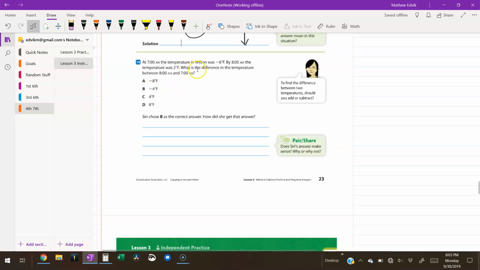So I'm going to say that she probably said -6 degrees Fahrenheit plus 2 degrees Fahrenheit equals -4. I'm betting that's what she did. But does Siri's answer make sense? Why or why not? So go ahead and talk about that.